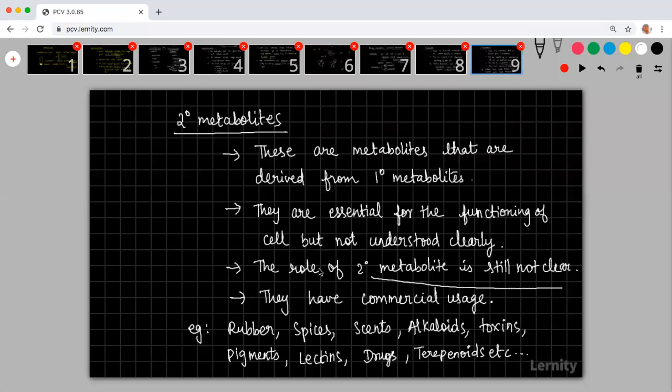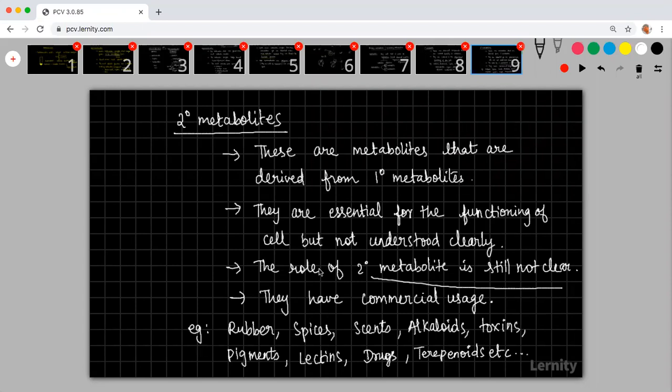There are certain substances which are directly involved in digestion, respiration, excretion, circulation. All these things are called physiological processes. So there are chemicals which are involved directly in these reactions. Those are called the primary metabolites.